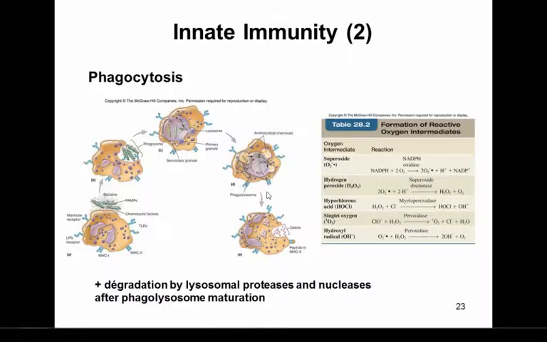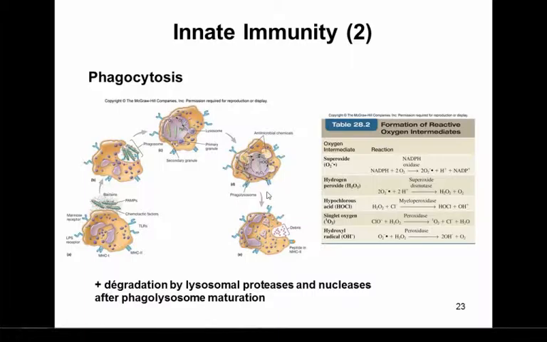Okay, so that's the process in the killing of bacteria in phagocytic cells. So this is one of the mechanisms by which some pathogenic bacteria can persist: they can prevent this maturation process.